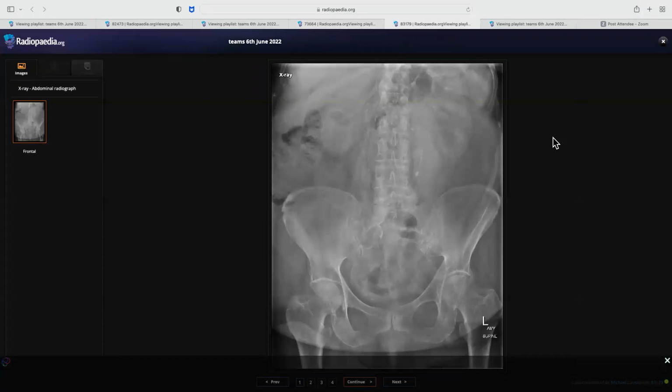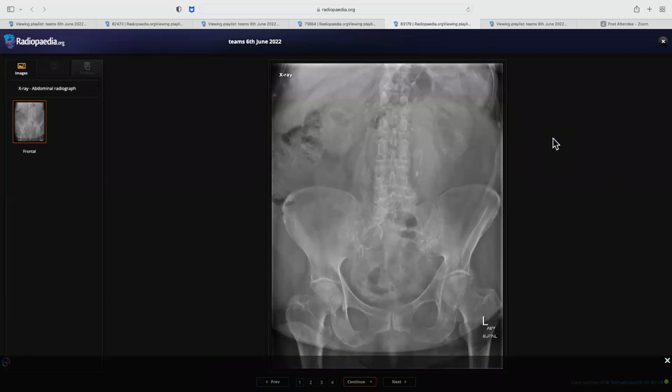Okay, this is a frontal abdominopelvic radiograph of a skeletally mature patient. I will give you the history. The patient has come with severe back pain. Okay, there is some rounded linear calcific density I can see in the lower abdomen, along the margin of a soft tissue, and this is in the region of the aorta.